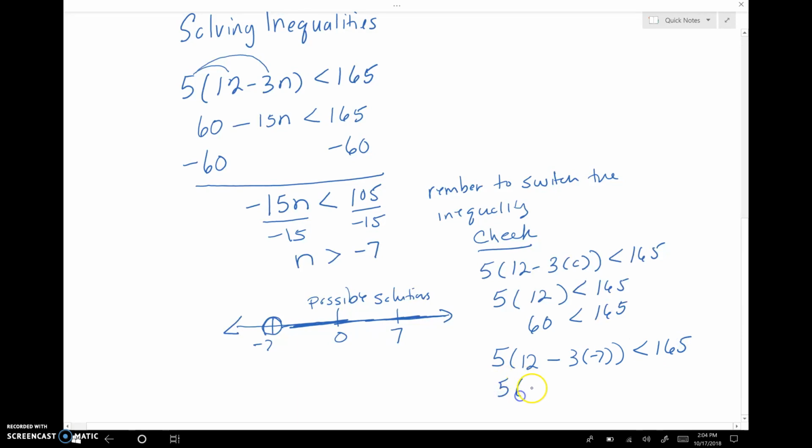So we have 5 times 12 plus negative 3 times negative 7, which is 21, and we have to check if that's less than 165. 12 plus 21 gives you 33. And we know that 5 times 33 is 165, and it's not less than, it has to be equal, so this is false. And this is true.